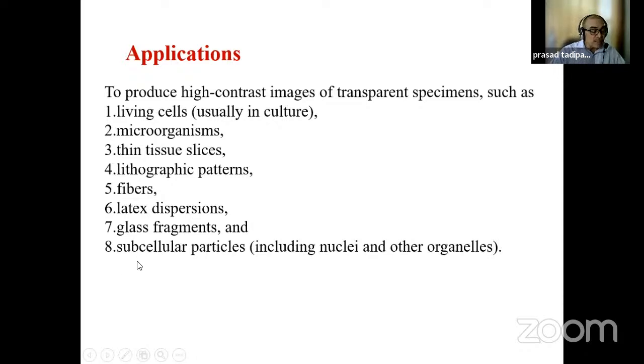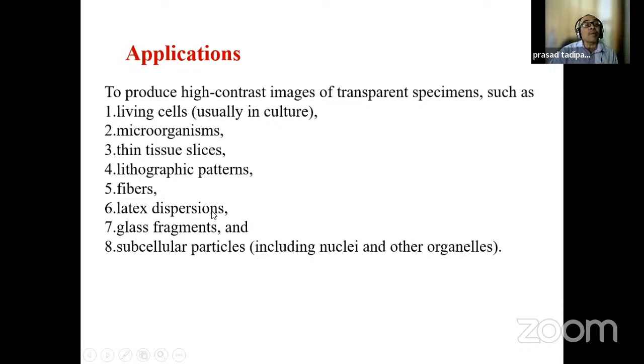That is the advantage of this phase contrast microscope. It is a special microscope that enables us to view different transparent protoplasmic components without staining and without killing the organisms. So to see living cells, it is one of the best.